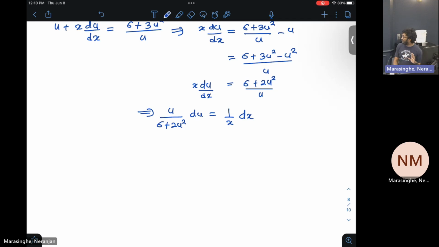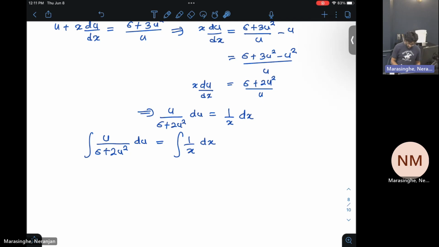Right. Now my variables have been separated, so I can integrate both sides. Okay. So let's try to integrate this. Integral u divided by 6 plus 2u square du is equal to integral of 1 over x dx. Okay. Right. So in this denominator, you can see that 2 is a common term.